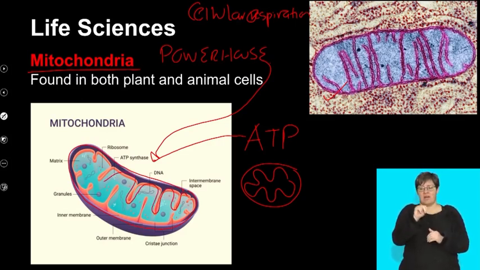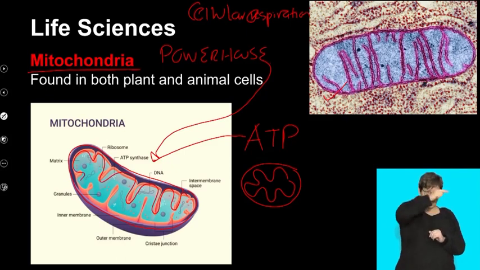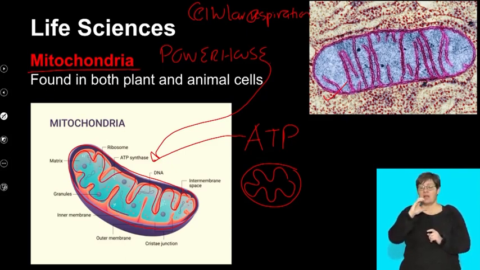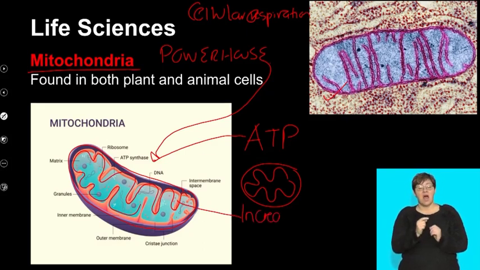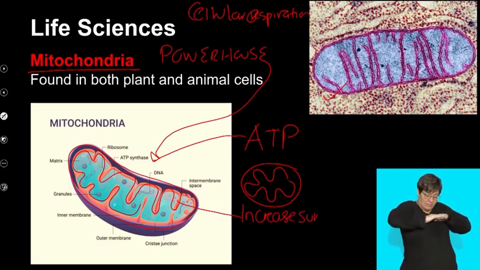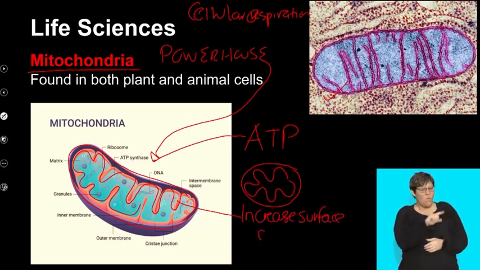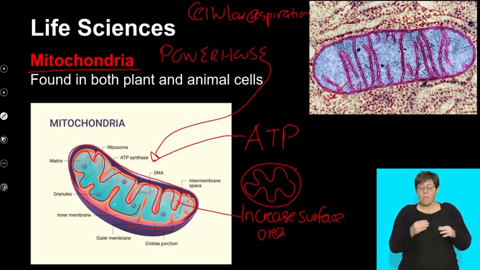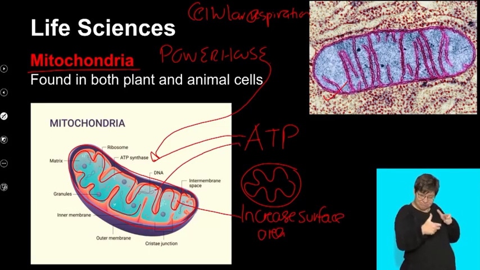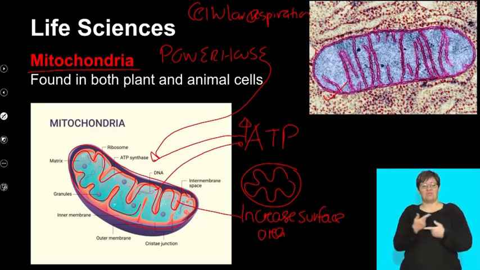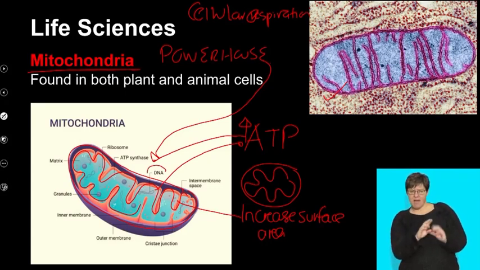That membrane is made up of these folds called cristae, and basically what they do is increase the surface area. What do I need to increase the surface area for? Because the larger the surface area, the more cellular respiration, the more ATP.